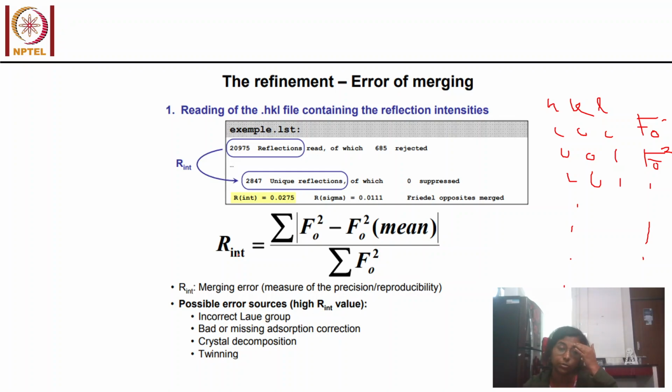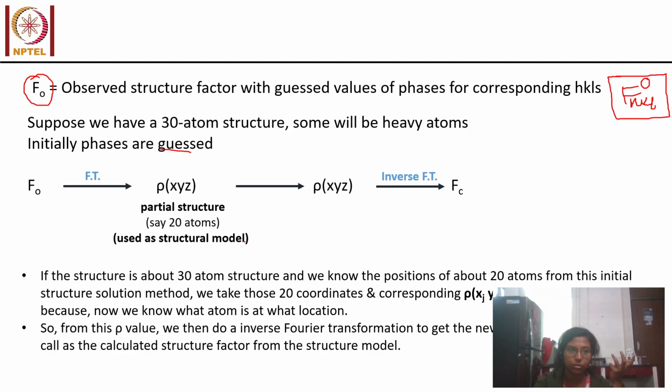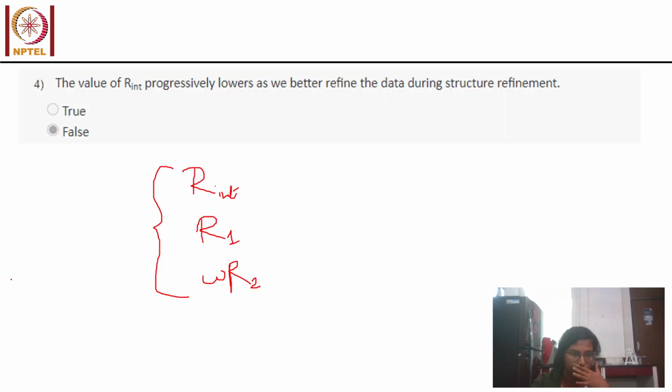What I'm trying to say is that in this R int we only have the observed structure factors, we do not have anything which is varying here. Hence R int does not change when we are refining the data. It is something which is obtained during the data collection, during the data reduction, and we cannot change it by better refining the data. So this is all about this R int.